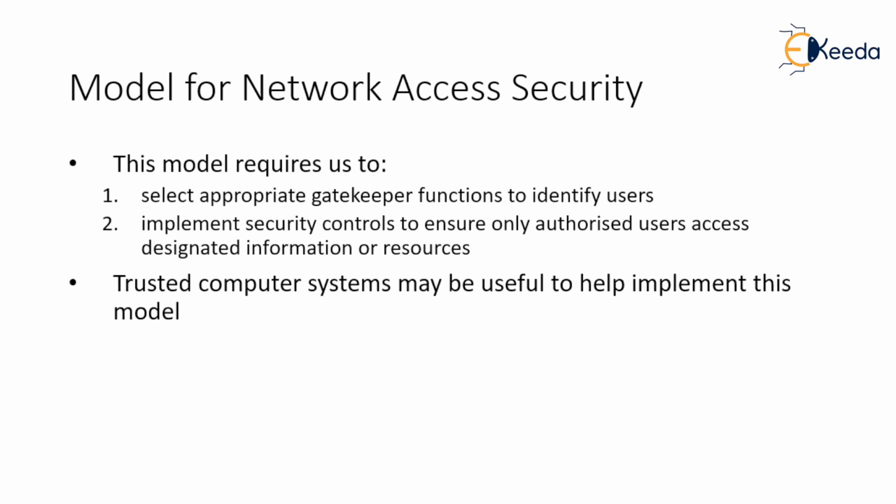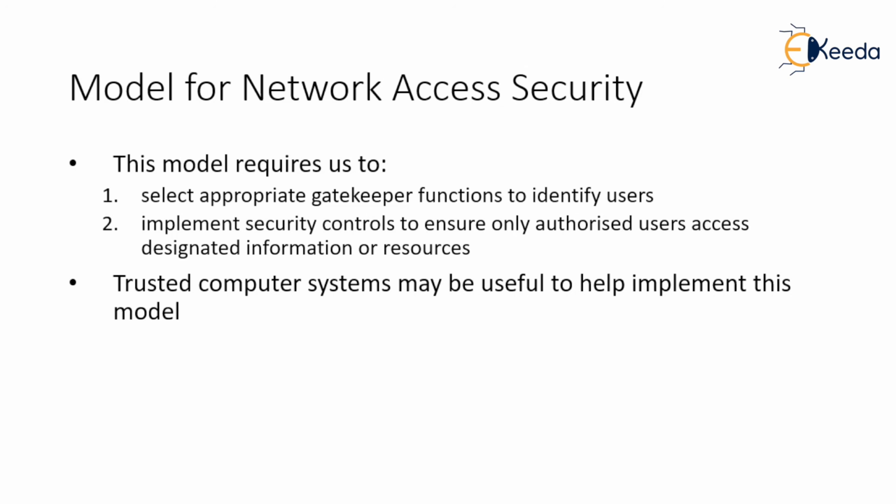We need to have the proper functionalities to identify the identity of the users. We need to implement the security controls to distinguish between the authorized and the unauthorized users' access for designated information or for designated resources.